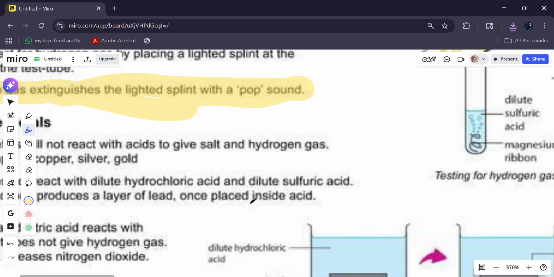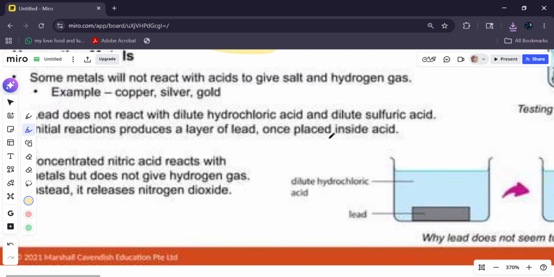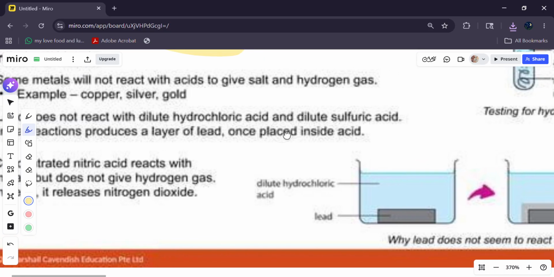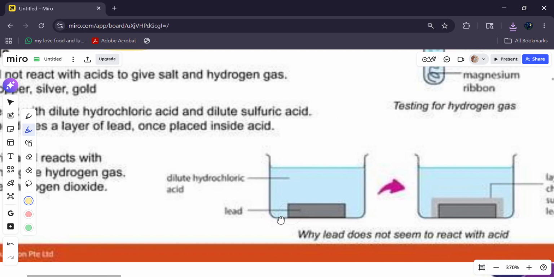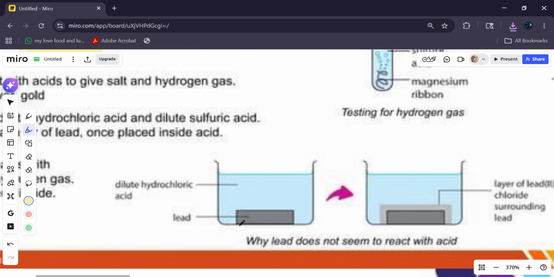Now, an example of why some metals do not keep reacting with acid is that when they react with acid, an insoluble layer is produced. For example, in lead, when it's mixed with dilute hydrochloric acid, a layer of lead(II) chloride is produced around the metal, and this layer is very insoluble, that is, it cannot react with water.